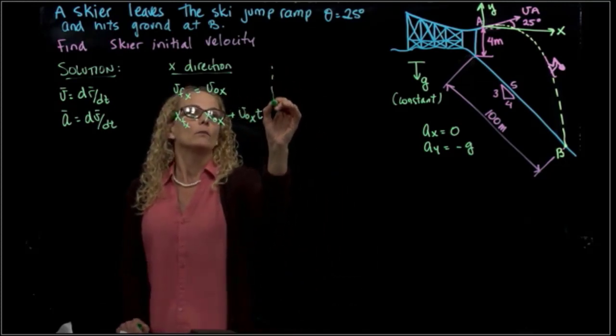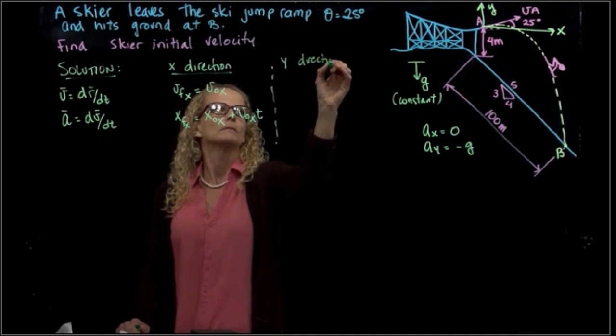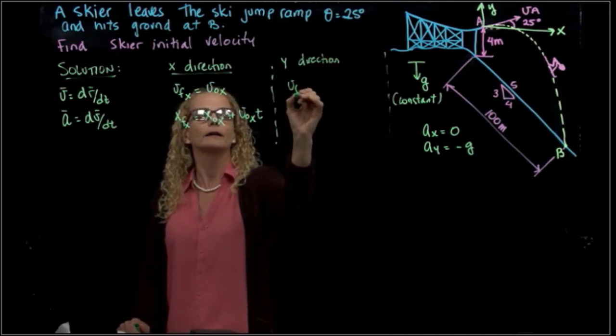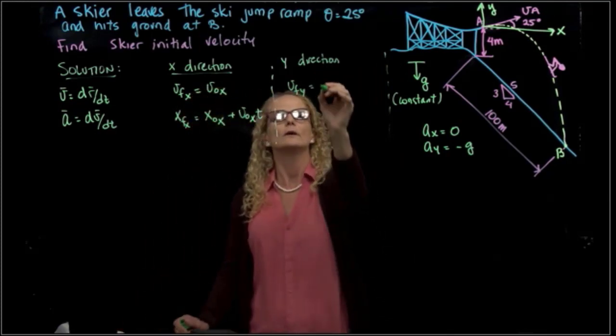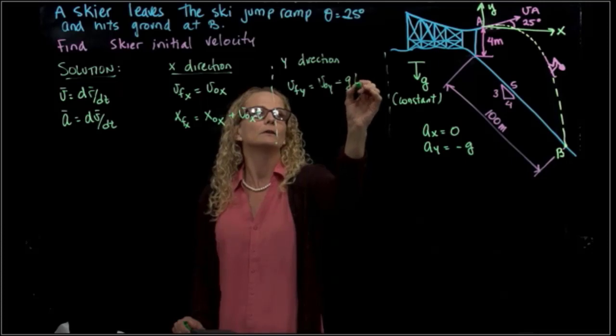And what about the y direction? We have that the final velocity will be the initial velocity minus gravity times t. In this case, we do have gravity.